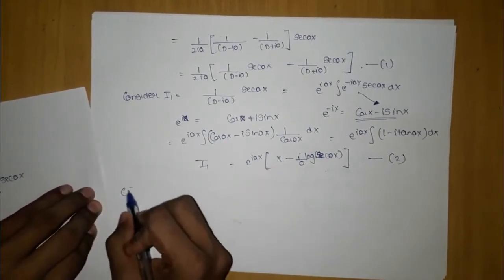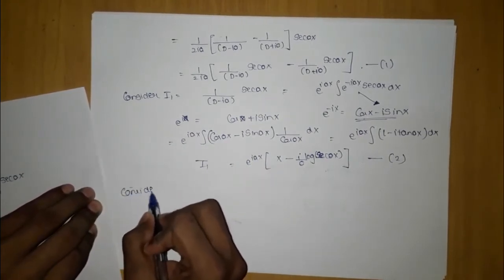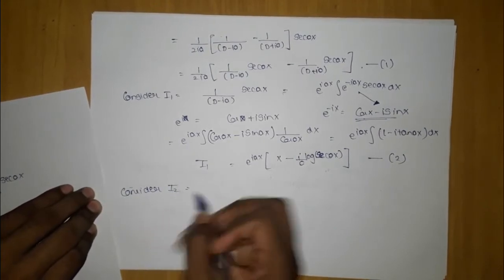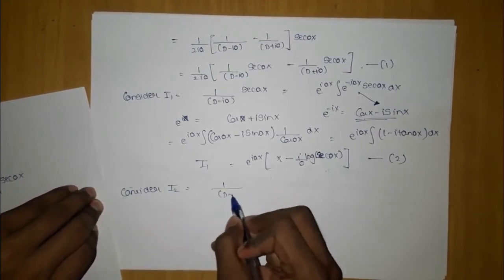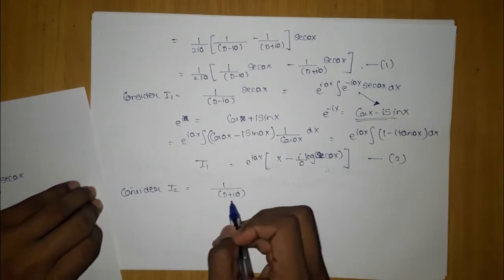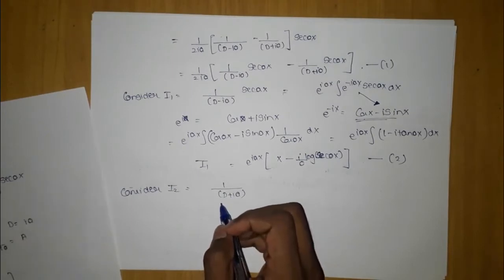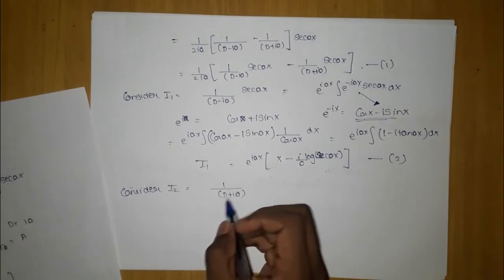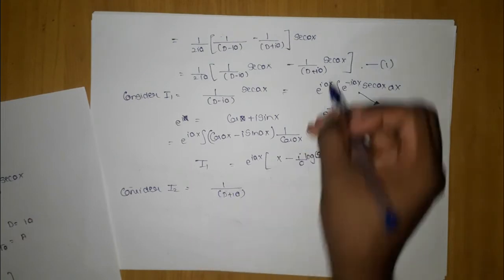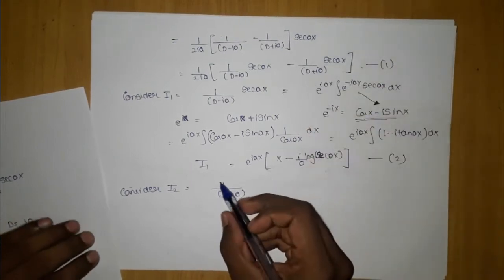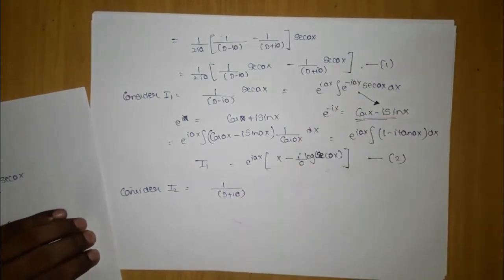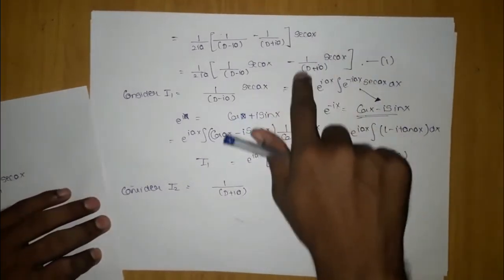After this, you are going to consider I2, which will be 1 by D plus ia. Now the issue is that many children make a mistake, they take it with a minus sign, okay, you don't need to do that, just take the thing as it is, otherwise you have to carry the negative sign. If you forget at any place, you will make a mistake, so avoid doing that.